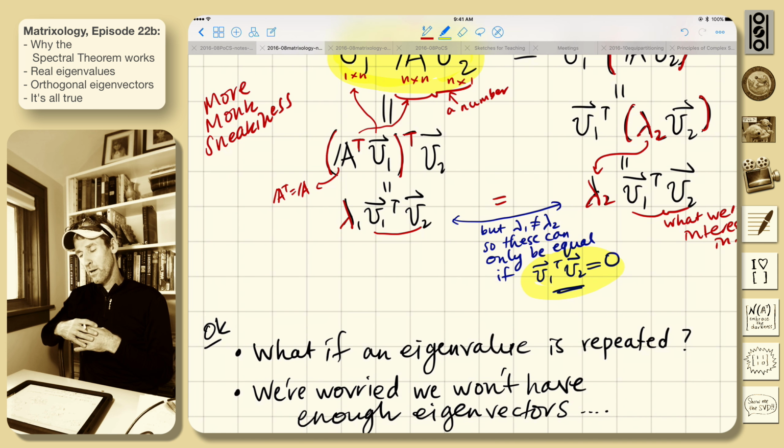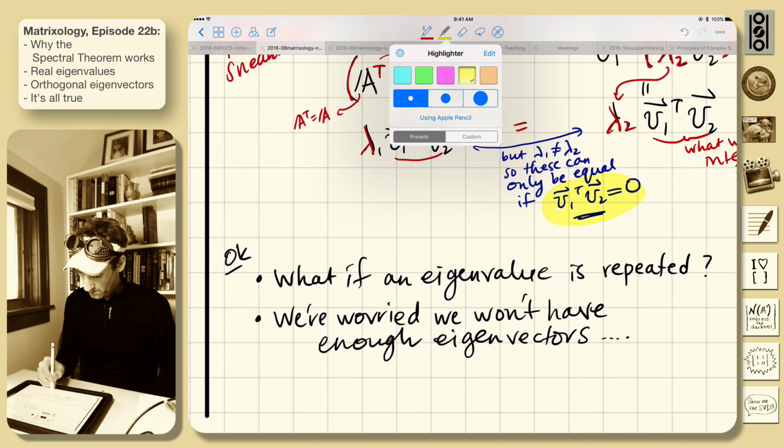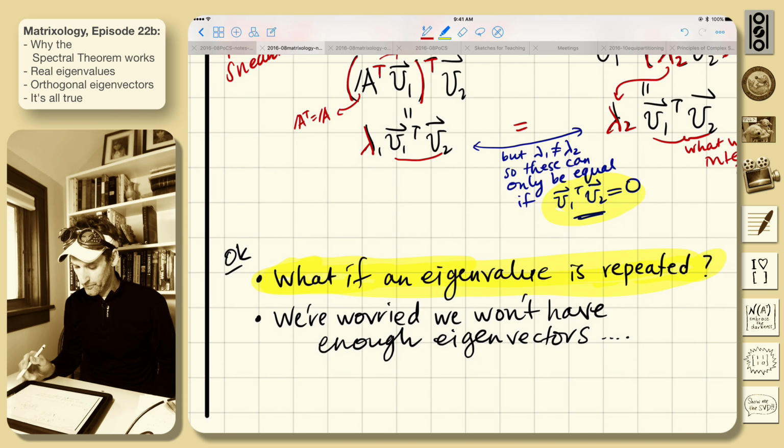So the question now becomes, if you have an eigenvalue that's repeated 3 times, how do we know we get enough eigenvectors associated with that? All right, so that's this concern. What if an eigenvalue is repeated? We're worried we won't have enough eigenvectors.